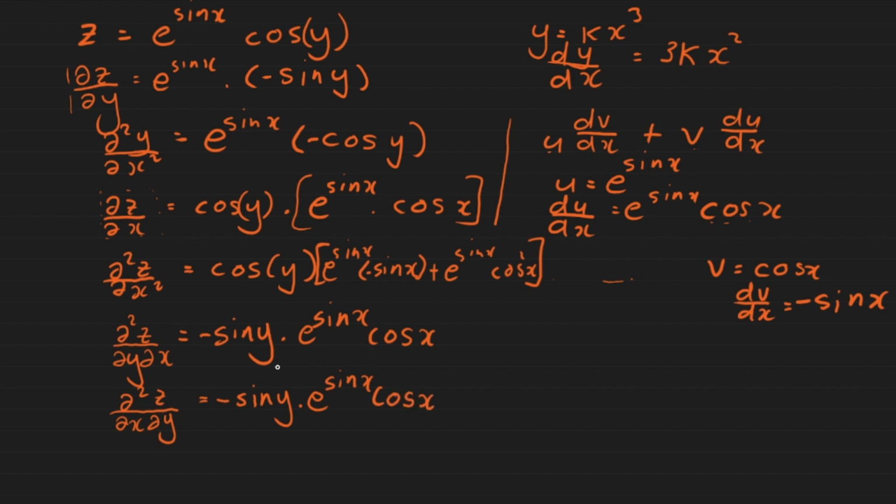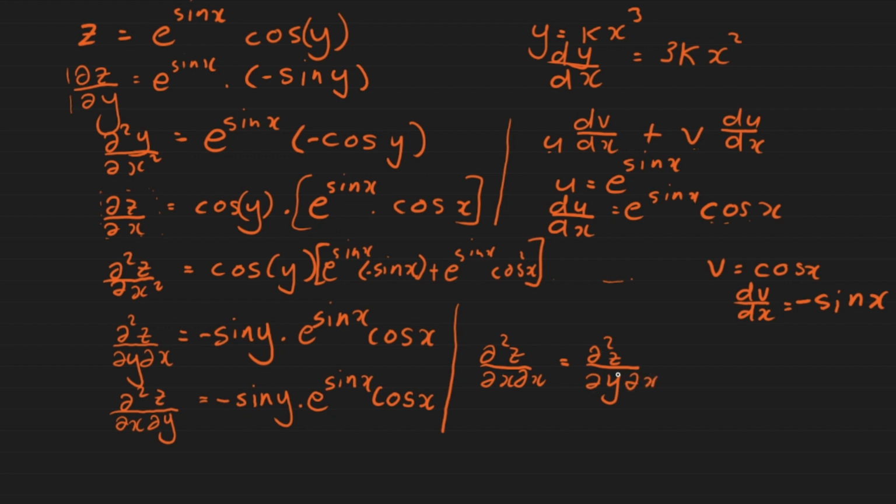And we see that these two are equal. So we see that d squared z dx dy is equal to d squared z dy dx.